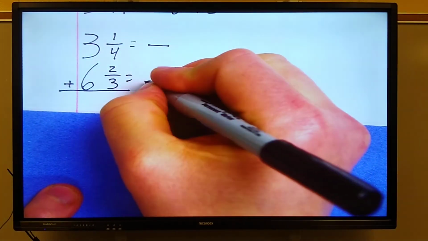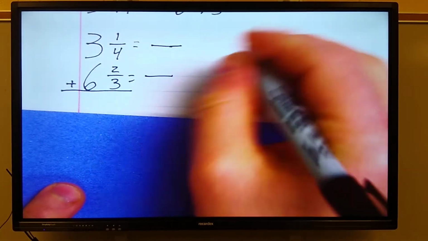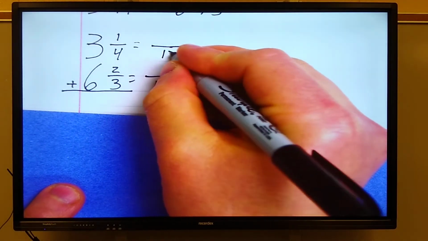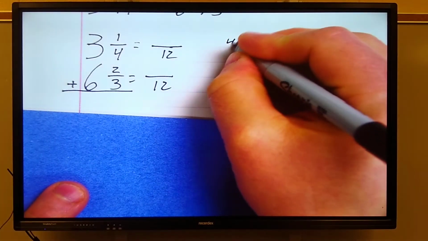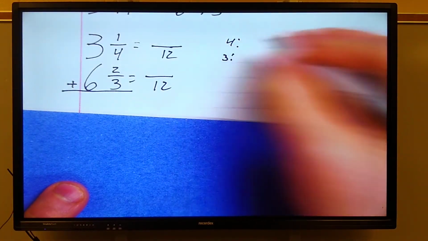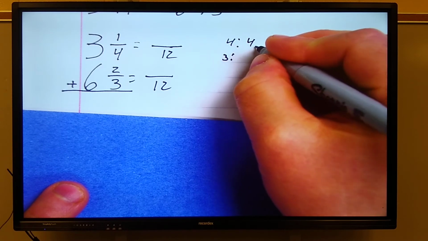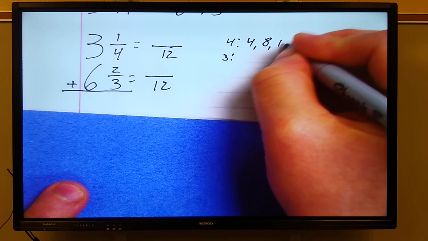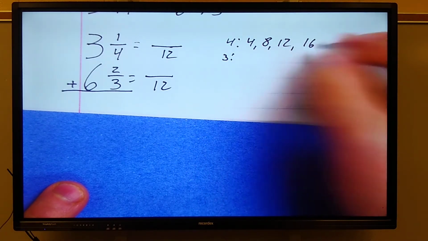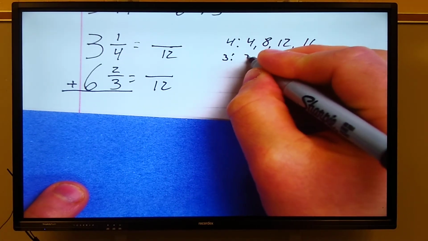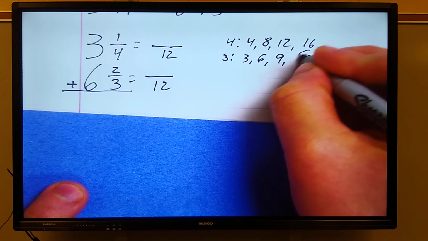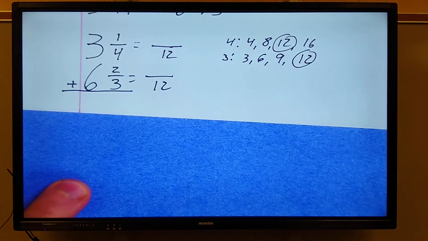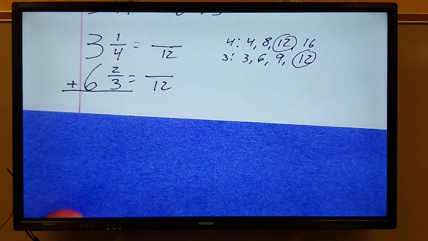I've got to find my new denominator. And that would end up being 12. Because you took your 4, 4, 8, 12, maybe you went to 16. Here you went 3, 6, 9, 12. This is the first one you came across that they have that is the same.